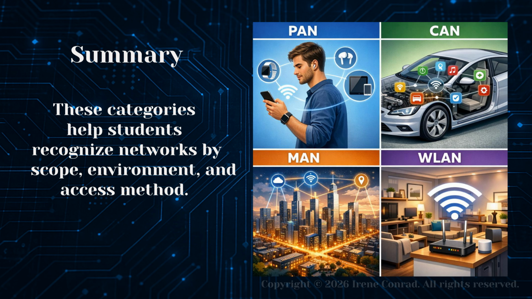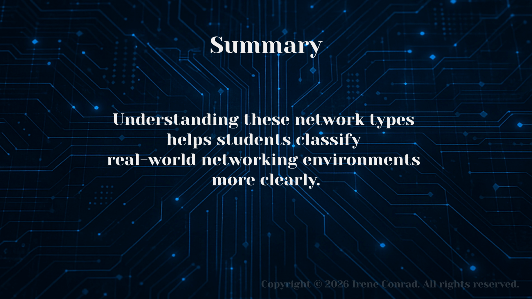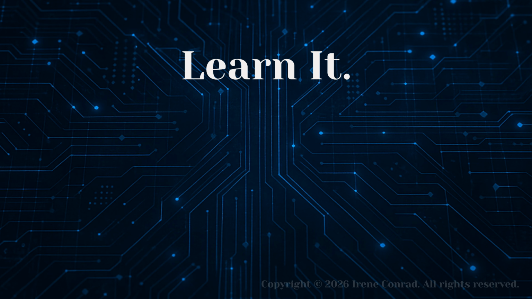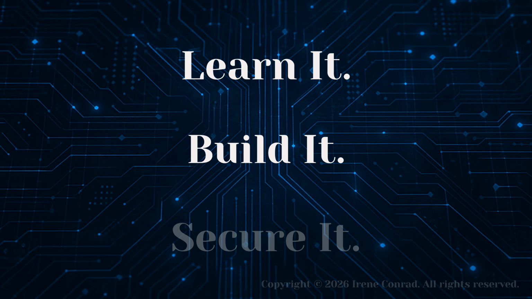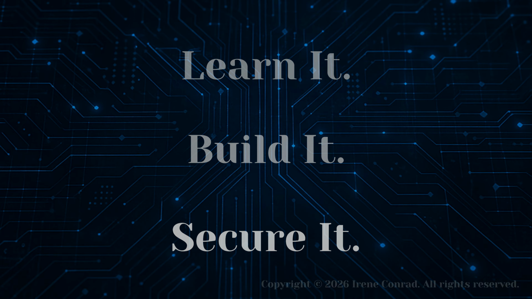The most important thing is not just memorizing the letters, it is understanding the picture behind the letters. Because once you can picture the size, purpose, and environment of each network type, the topic becomes much more logical. And that gives you a stronger foundation as we keep building your networking knowledge.